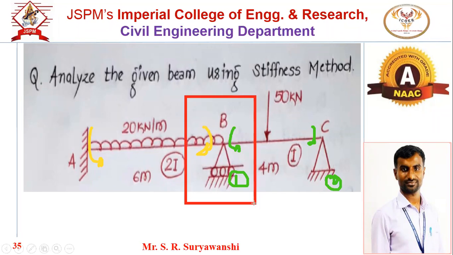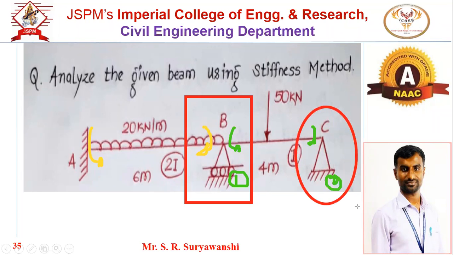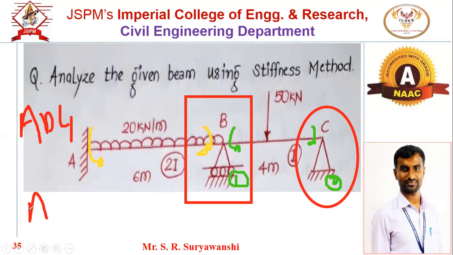First it is at node 1, this will be ADL1, and this value will be ADL2. Now tell me the value of ADL2, the standard formula. Will it be plus or minus?